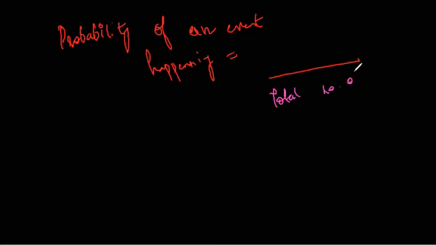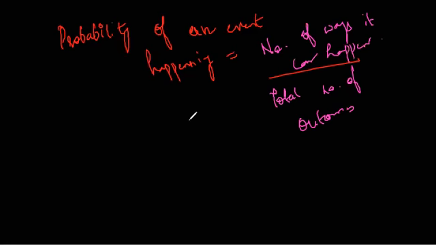The total number of outcomes will be in the denominator, while the number of ways it can happen is in the numerator. So, probability of an event happening. Now what is the event? The event may be getting a tail or getting a head. And what is the number of ways it can happen? The event may happen in one way, you may get either a head or a tail, divided by the total number of outcomes. So let's see an example with the same.